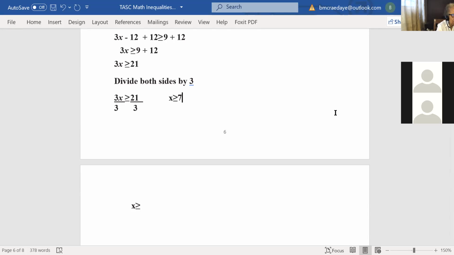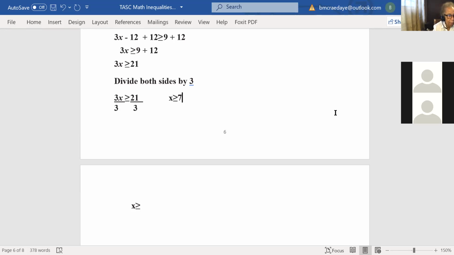I'll email this session to you. I think the next time we're going to do some more inequalities because there are still some wrinkles there.